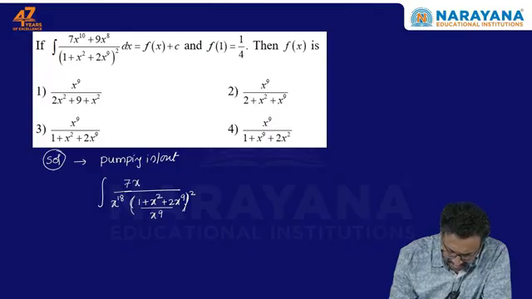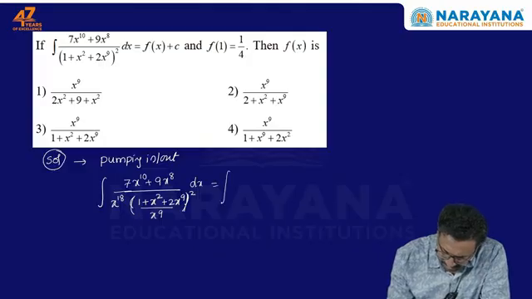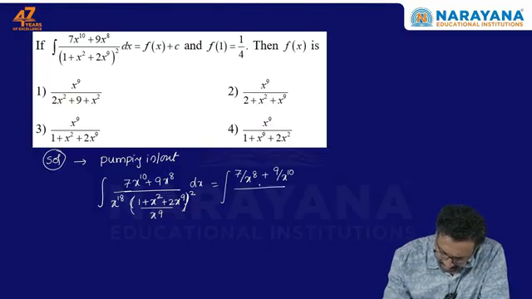So 7 x power 10 plus 9 x power 8 dx. So this will become the integration of 7 by x power 8 plus 9 by x power 10 divided by, in the denominator, 1 by x power 9 plus 1 by x power 7 plus 2 whole square.